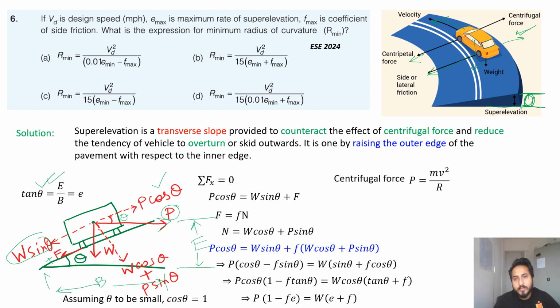We already know from class 11 or 12 physics that P equals mv square by r, which is the centrifugal force, and W equals mg.